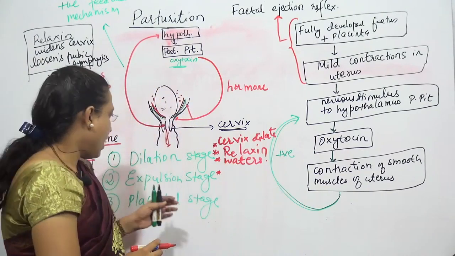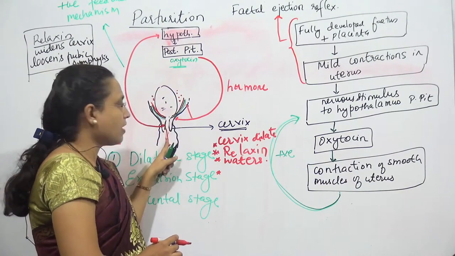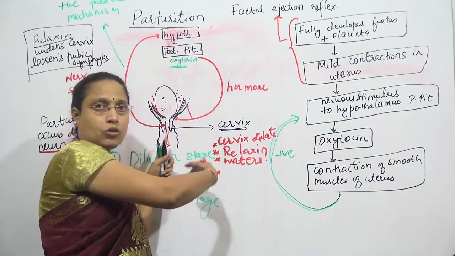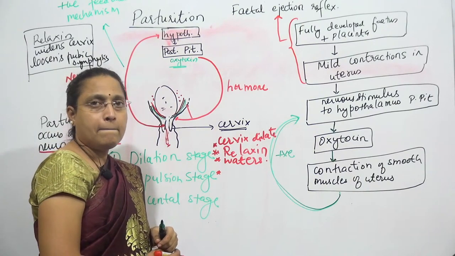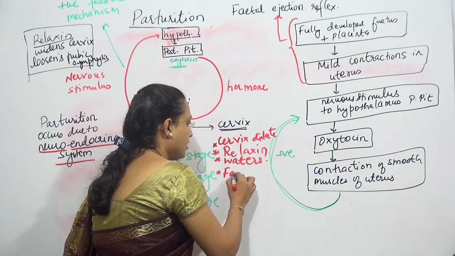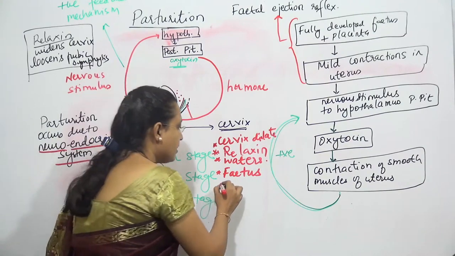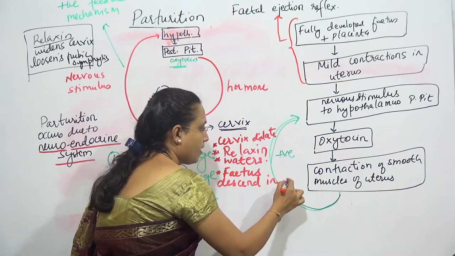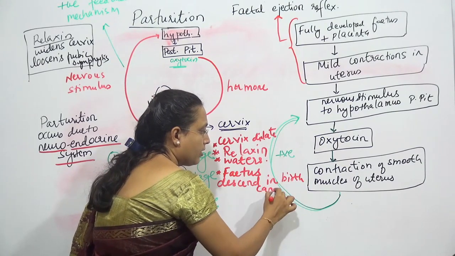And in the expulsion phase, the fetus will descend in the cervix and vagina. This is called the birth canal because the fetus passes through there. So the fully developed fetus, or baby, descends in the birth canal.